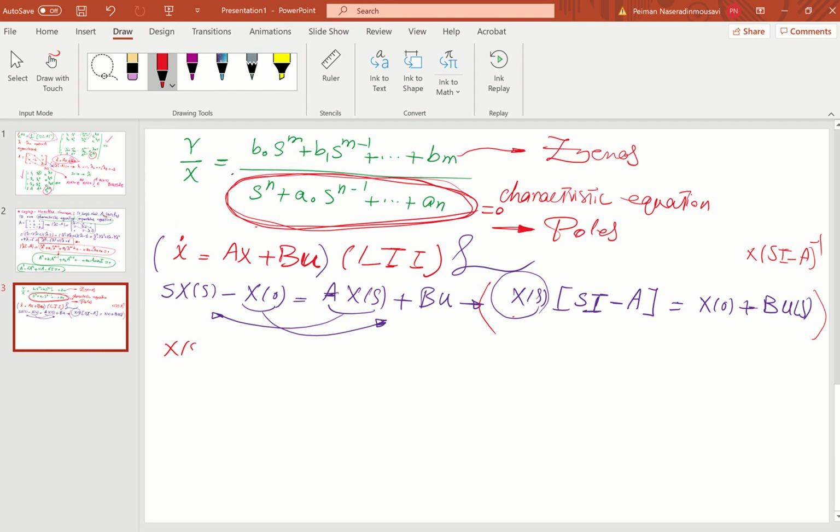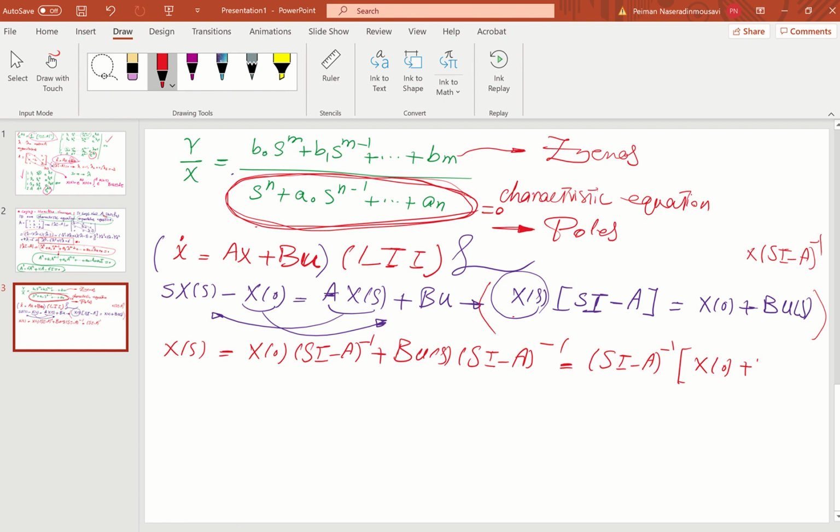So X(s) is equal to (sI minus A) inverse times X at time 0, plus (sI minus A) inverse times BU(s). Understand?